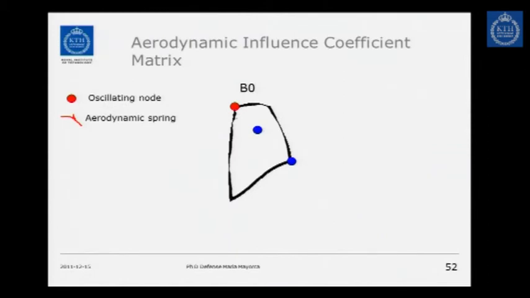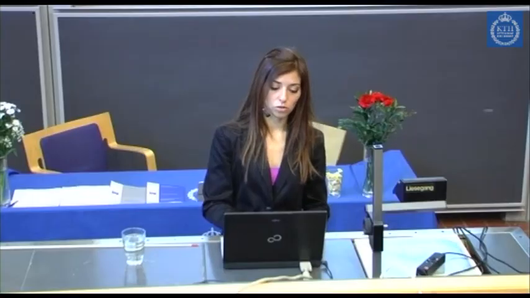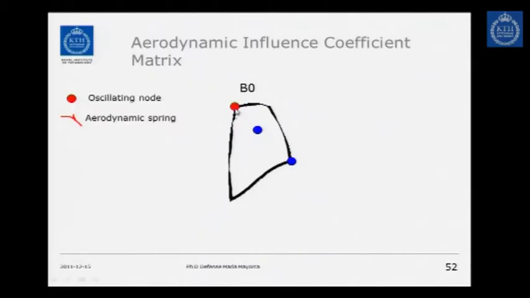The thinking behind the physics is that we want to produce aerodynamic influence coefficient matrices. Imagine I can represent a blade in only three nodes. If I oscillate one of the nodes, I produce a perturbation on the flow which has an influence on itself. I can represent this as an aerodynamic spring on itself, or to Earth, let's say.